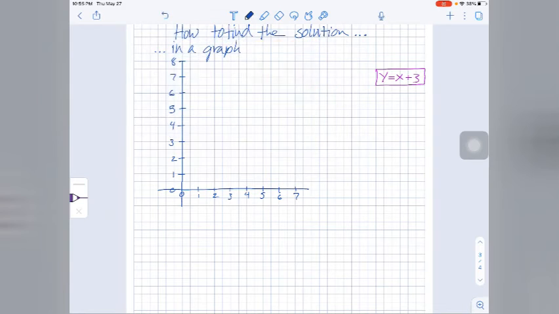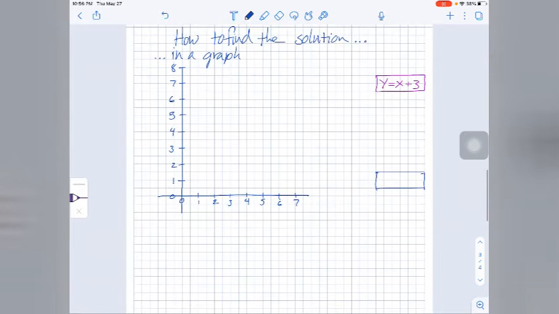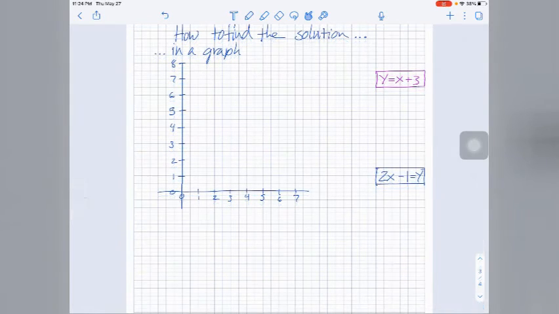And my second equation is 2x minus 1 equals y. This is the same thing. So when I graph these rules, there's two ways to do it.